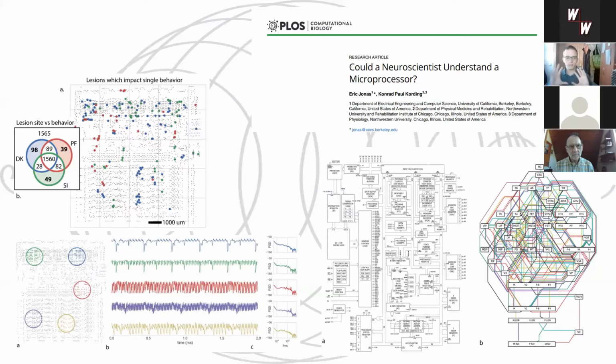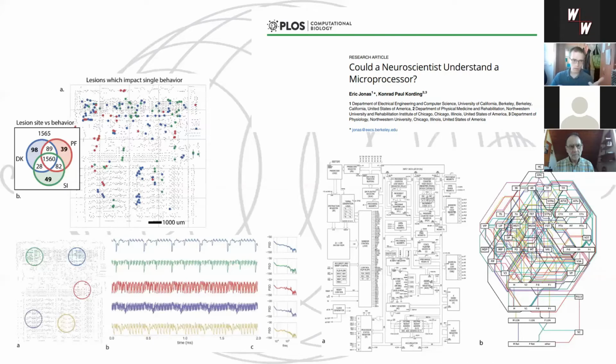Then he applied different methods that neuroscientists would apply. For example, you might know that neuroscientists like to do lesion studies. In the early days of neuroscience, this played an important role. When you find that a certain brain area is lesioned, and then you find that the patient with this lesion has lost a certain function, then you conclude that this brain area is important for this particular function. And he did this with the microprocessor. He played three games on that microprocessor: DK, PF, and SI.